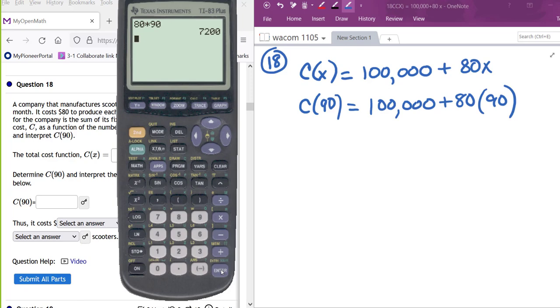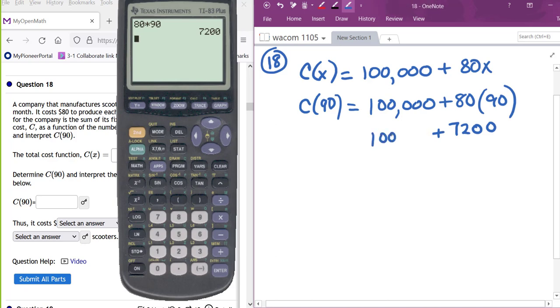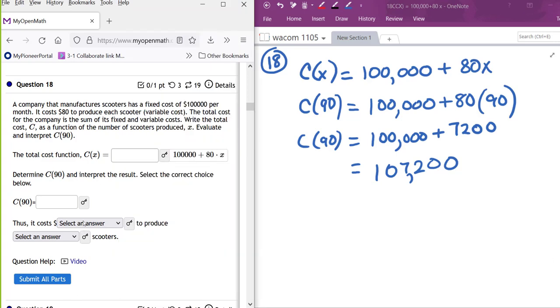So we get 7,200 plus the 100,000 equals your C of 90. And so it'll be 107,200. So an easy question to do.